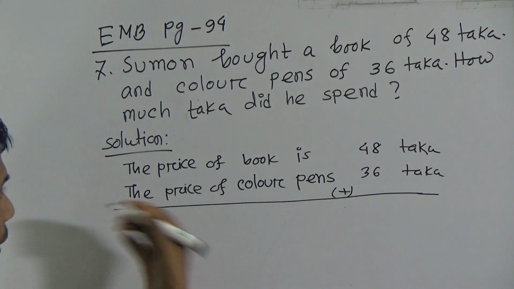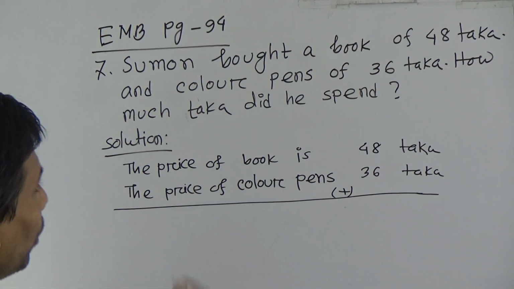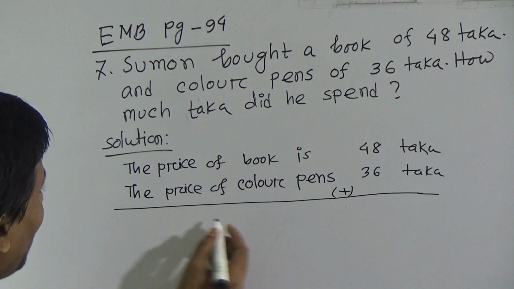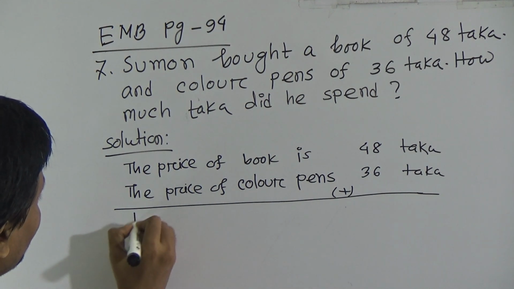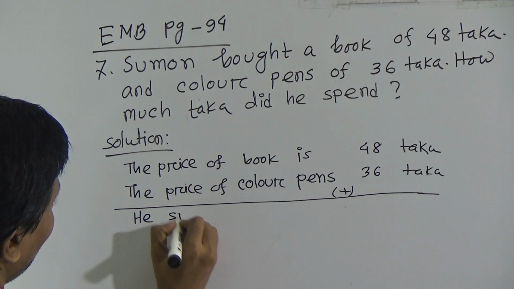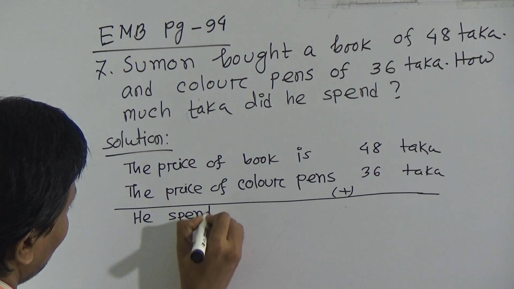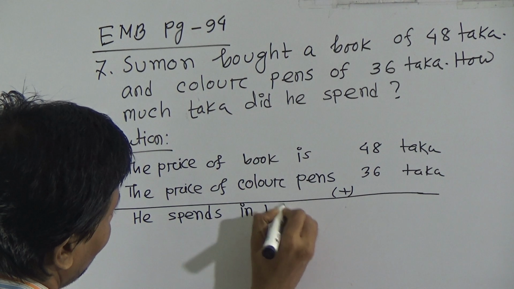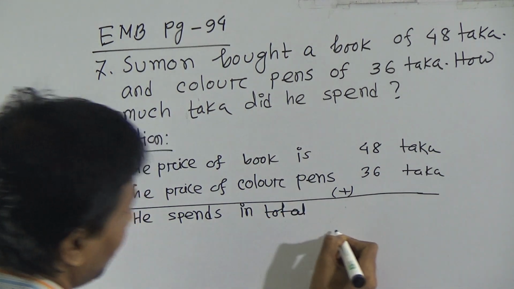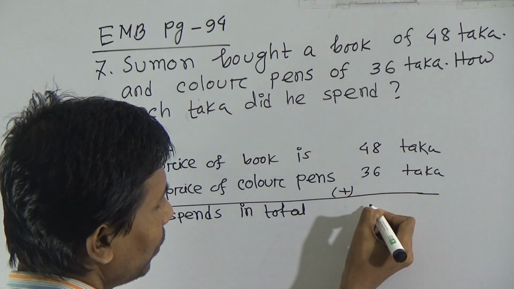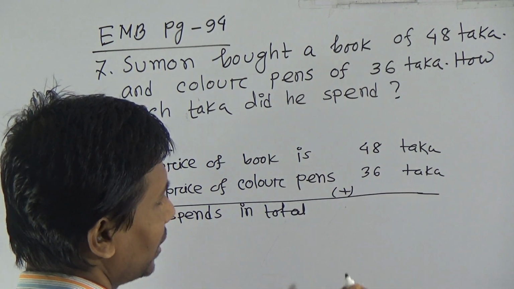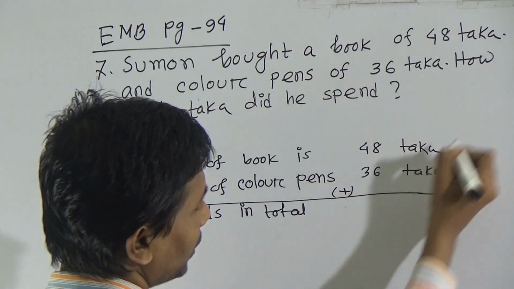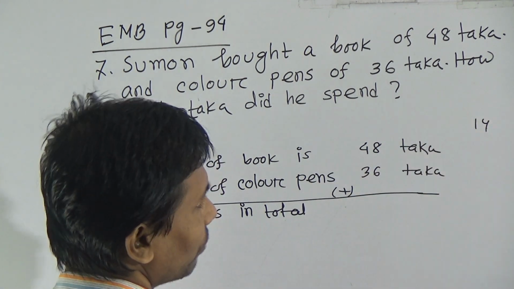According to the question, I want to write here: he spends in total. 8 plus 6 equals 14.